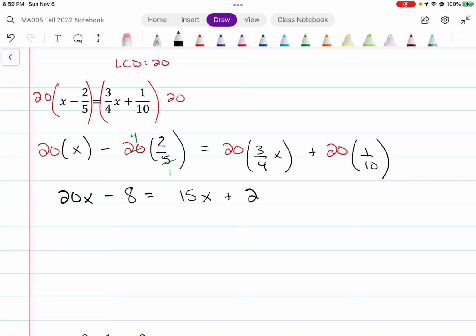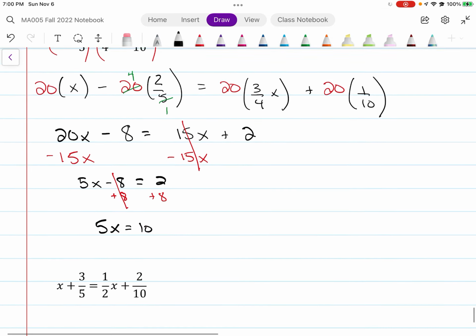All right, so I'm going to subtract 15x from both sides to get x over here on the left. And I get 5x minus 8 equals 2. And I'm going to just add the 8 to both sides. And I get 5x equals 10.